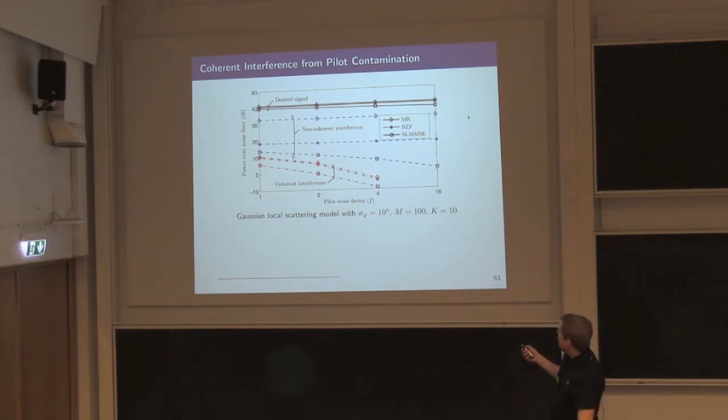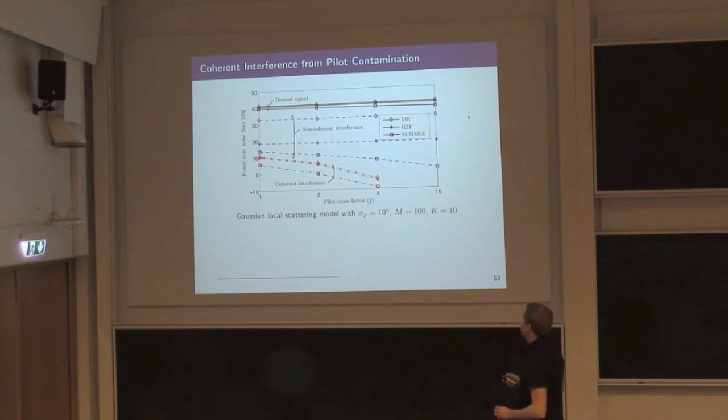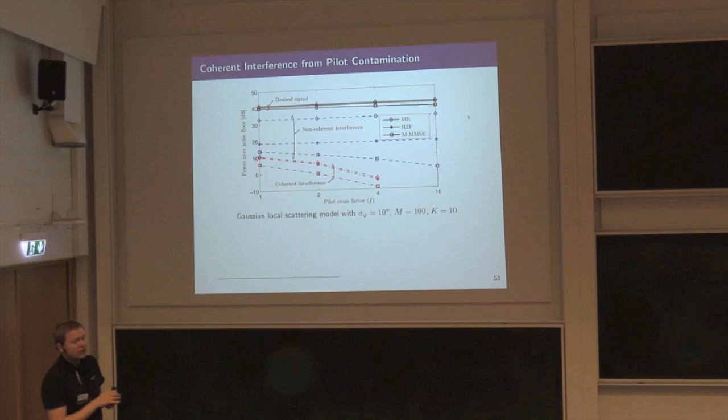And I show you a result for different pilot reuse factors. And I have Gaussian local scattering, 10 degrees angular standard deviation, 100 antennas, 10 users. And if you look at something like maximum ratio, what we can see is that the desired signal is at the top here, and it maybe grows a little bit as you add higher pilot reuse factors because you get better estimates, but you barely see it in this decibel scale. However, the non-coherent interference is here and it's very large.